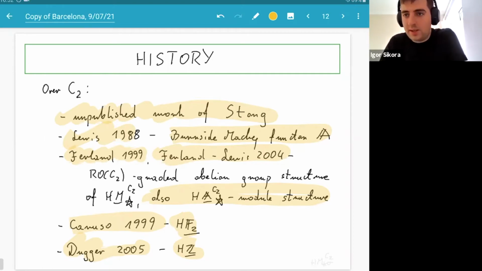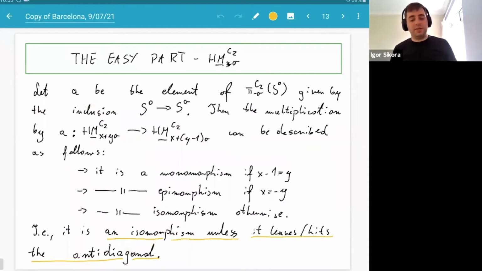So before we go to the actual content of this talk and the Tate method, let's sort out the easy part first. The easy part of the coefficients is the part graded over multiples of the sign representation.